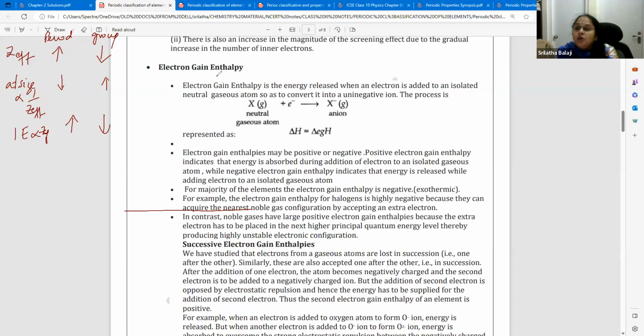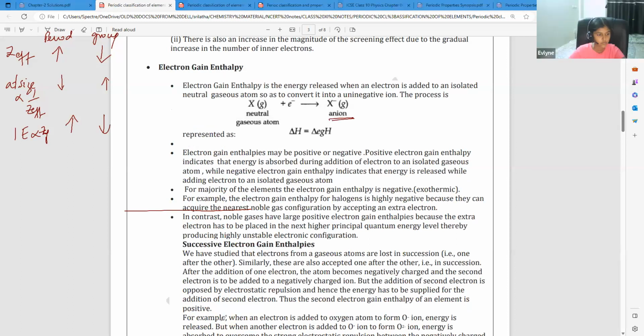A neutral atom will convert to an anion. Negative charge is formed. What is happening in ionization enthalpy? A cation is being formed. What is happening when we are discussing electron gain enthalpy? A negative ion is formed. Is it clear? So you call this electron gain enthalpy and symbolically we write it as delta H eg. Okay. Know the symbols. Clear?